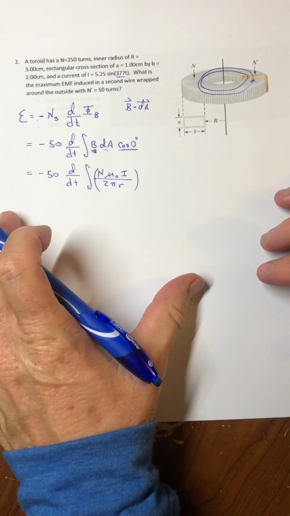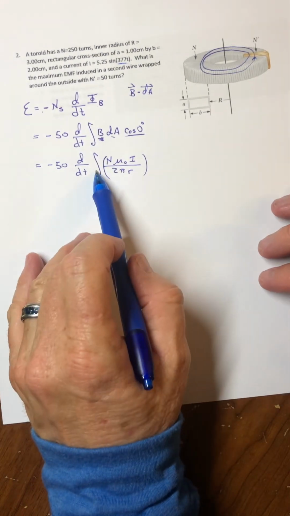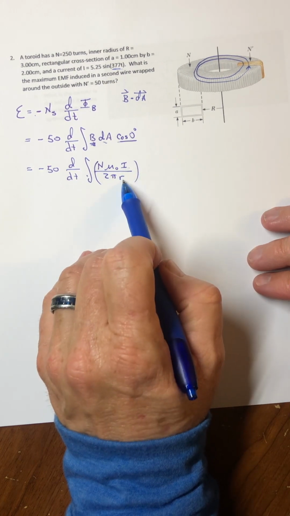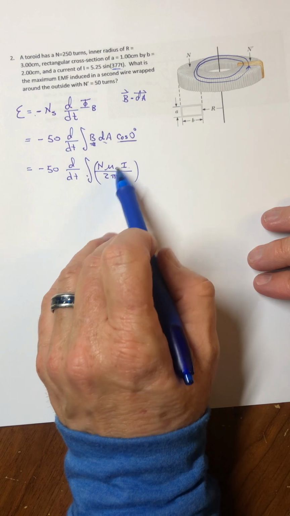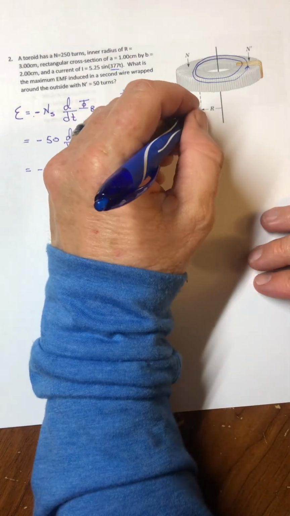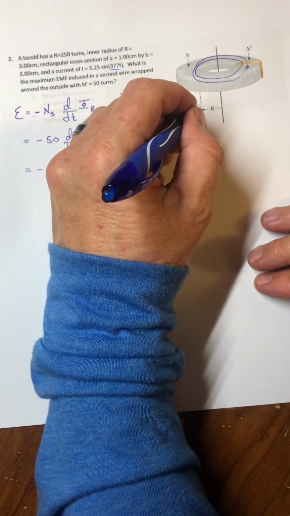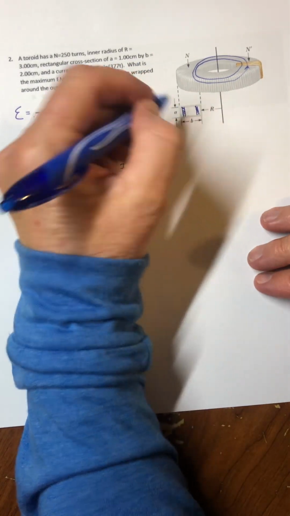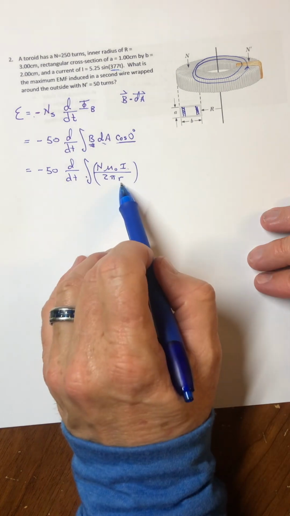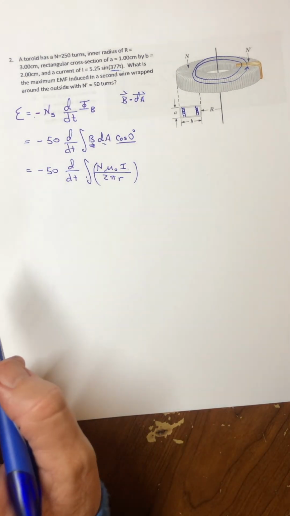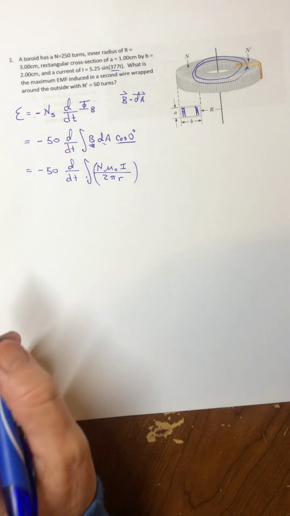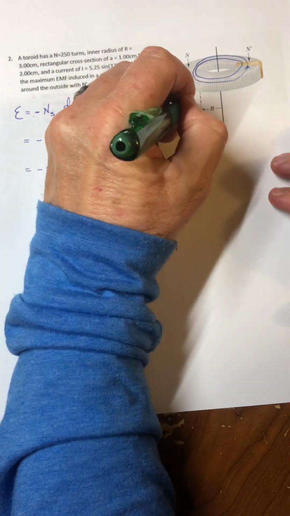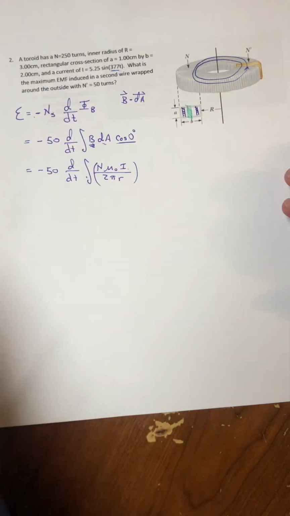Notice this magnetic field is going to vary with time because the current varies with time. But it's also going to vary with position, because the field from a toroid, as we learned, is really strong near the inner radius and then tapers off and gets a little weaker towards the outer radius according to this 1 over r pattern. So in a green color here, I'll make a little strip.